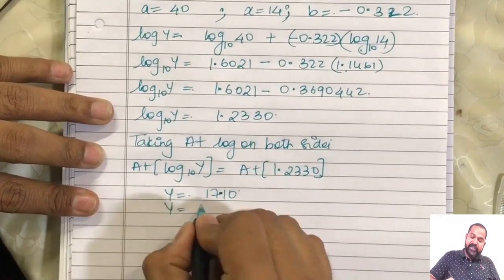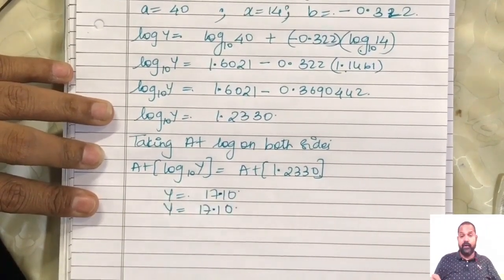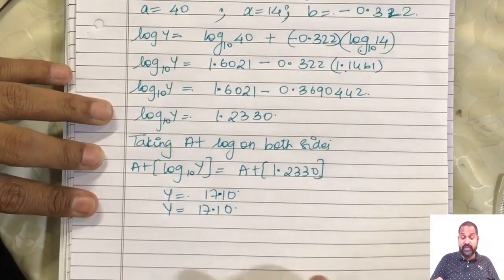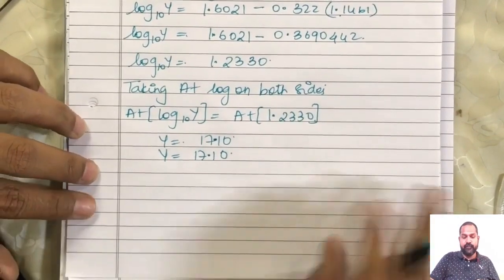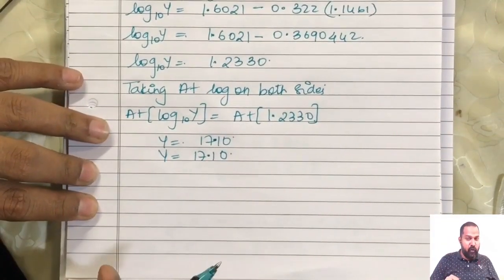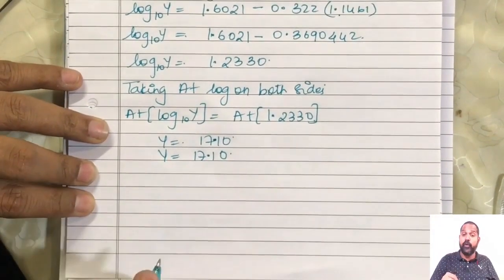So the average time it should take for 14 units, if the learning rate is 80%, is 17.10. But they have not given me the average time for 14 units. They have given me the total.